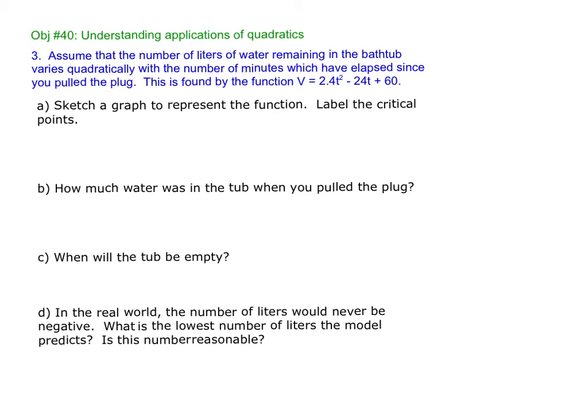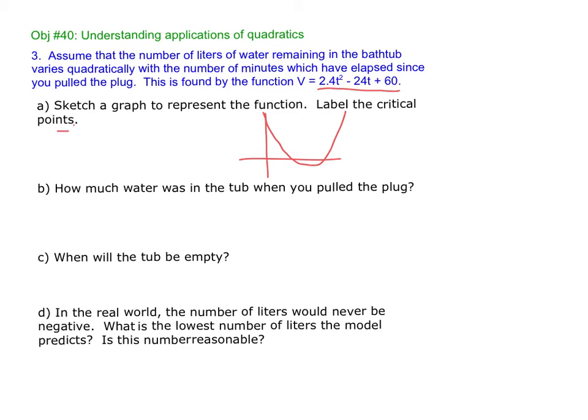Right, so now this one's kind of an interesting one because it's upward facing, right? So when I draw this, it's going to be something like that, is my guess. So either do negative b over 2a or use your calculator, whatever you want to do. I'm going to try negative b over 2a.